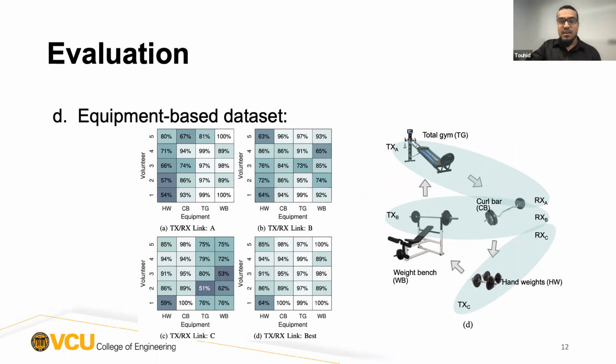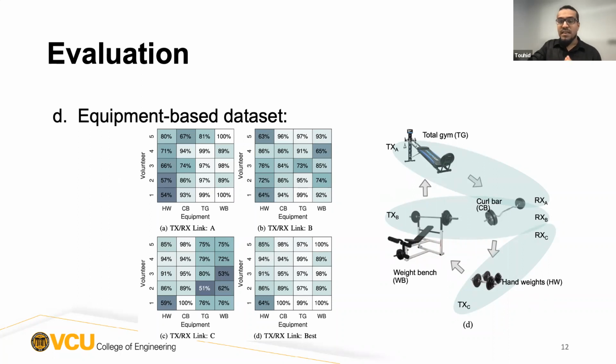In the heat maps, we can see that link A achieves the most remarkable accuracy across the volunteers for a total gym and weight bench equipments, while link C achieves the highest accuracy across volunteers for hand weights and curl bar equipment.